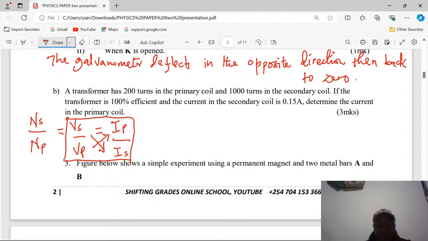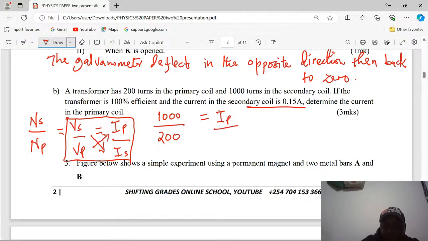So now we can equate directly the number of turns and the current, whereby we say the number of turns in the secondary, which is 1,000, divided by the number of turns in the primary, which is 200, is the same as the current in the secondary divided by the current in the primary. The current in the primary is unknown, out of the current in the secondary indicated as 0.15.